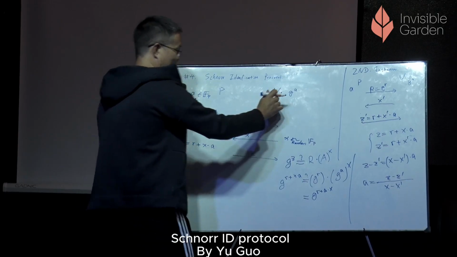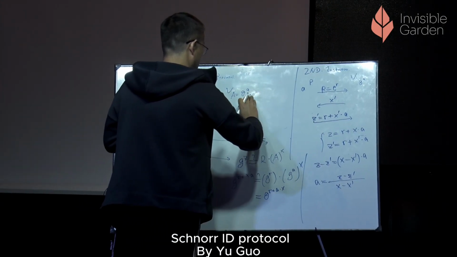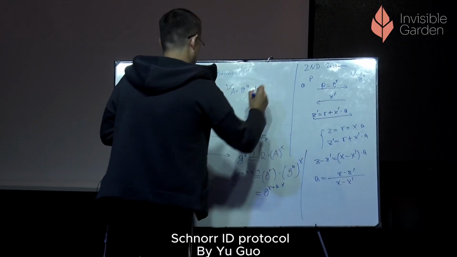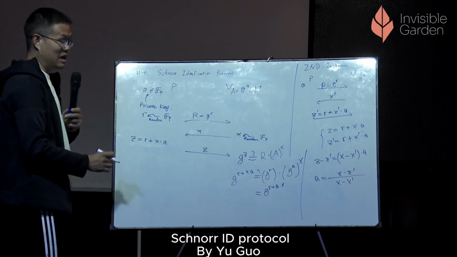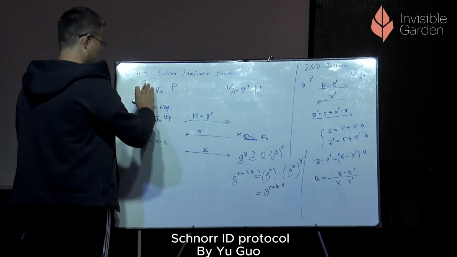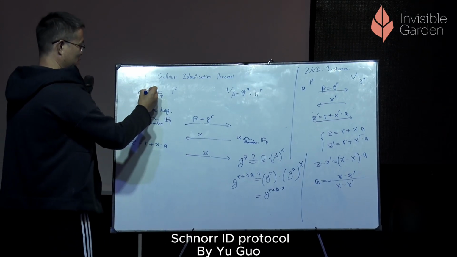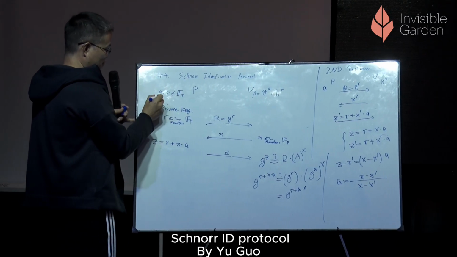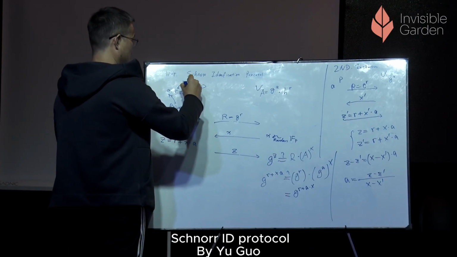Then for the public key, we will add H and r. The r is also generated by the prover. It's a blinding factor, also private and very important. So the prover will have a and r, where a is the private key and r is the blinding factor, the blinder.